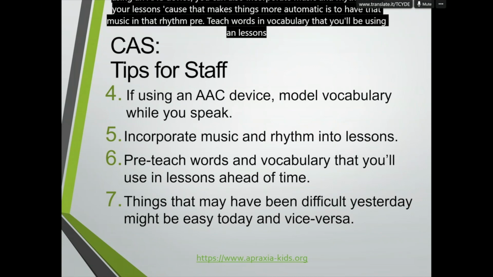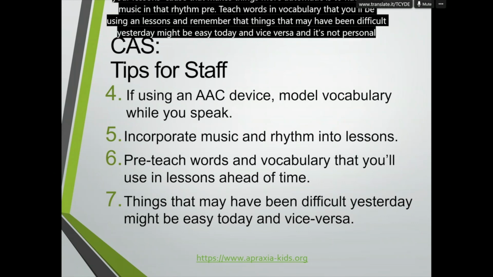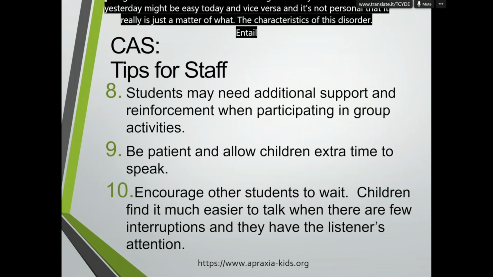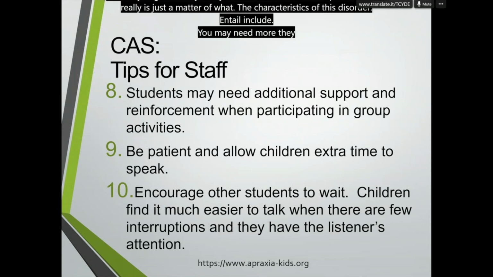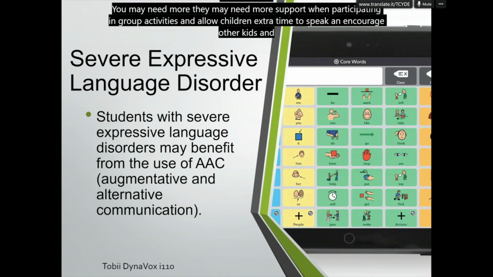And remember that things that may have been difficult yesterday might be easy today, and vice versa, and it's not personal; it really is just a matter of the characteristics of this disorder. They may need more support when participating in group activities, so allow children extra time to speak and encourage other kids and staff members to do so as well.